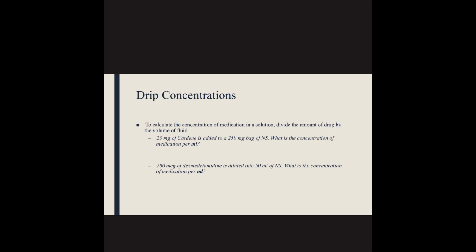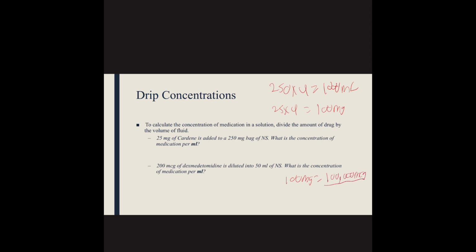I'll write that out. And then I know 25 times 4 is 100 milligrams. So basically, I would get to the point where I'm at 100 milligrams equals 100,000 micrograms.